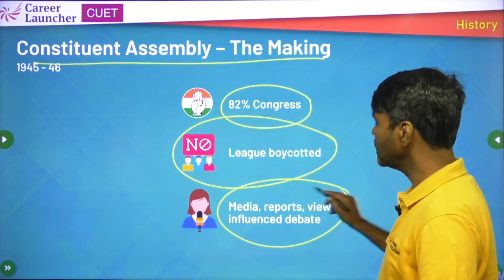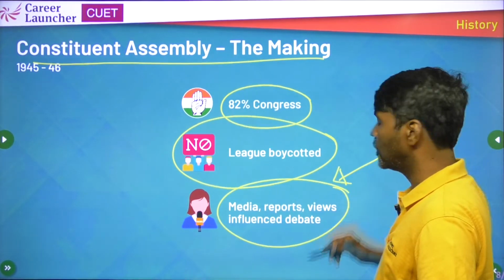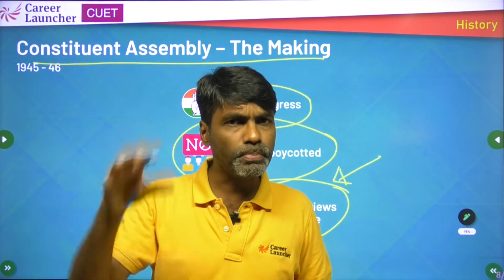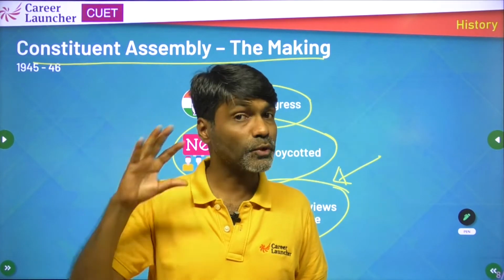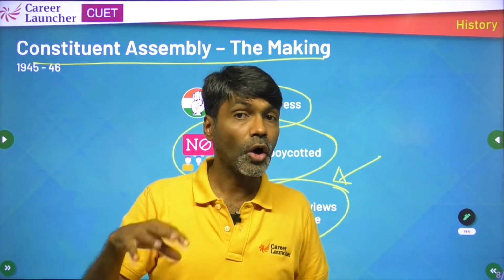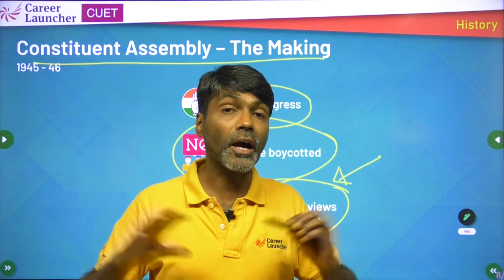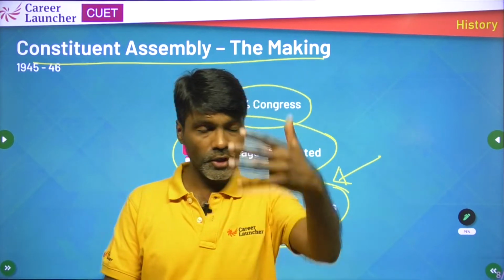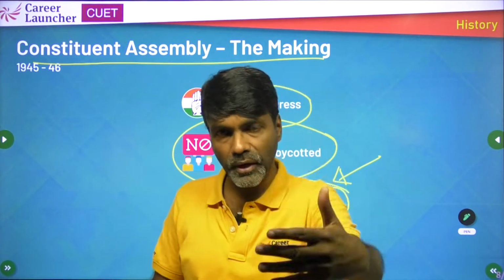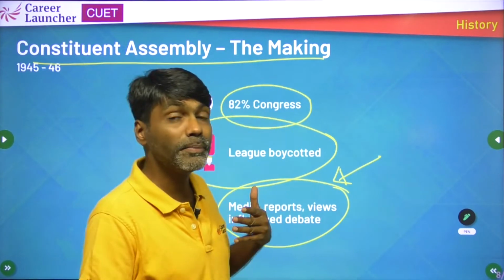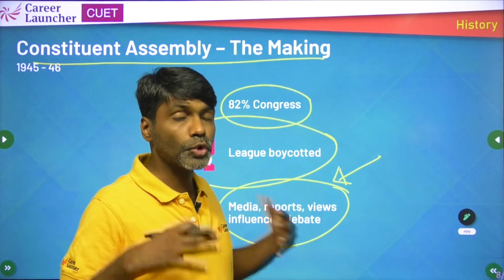One interesting and very healthy thing that happened was that every single debate, speech, and view taken in the Constituent Assembly got widely covered in the media. And the result was that the stance people were taking inside the assembly was known to the common man, at least the learned, literate people, and many of them were social workers.